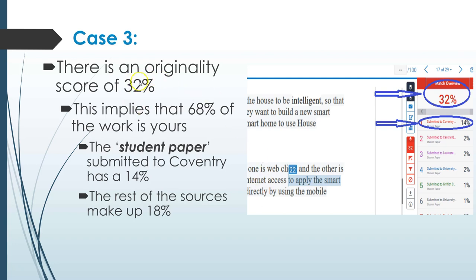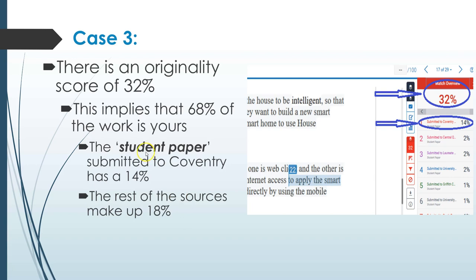My third case is one where there is an originality score of 32%. What does that mean? It means that only 68% of this submission is your work. The student paper submitted to Coventry University has 14%, and the rest of the sources the student has copied from or used, without learning taking place, make up 18%.